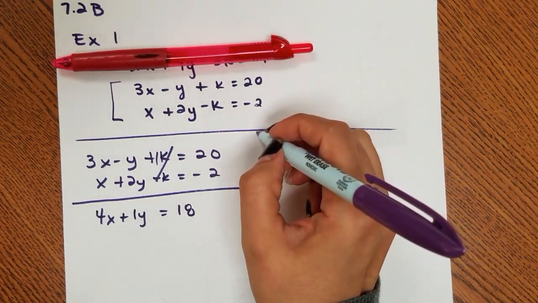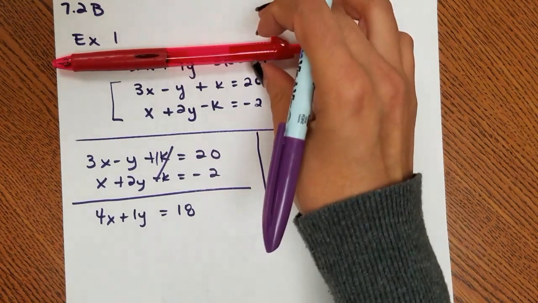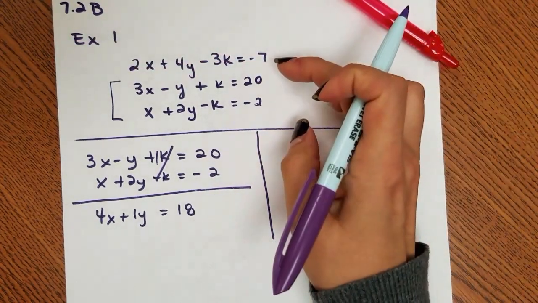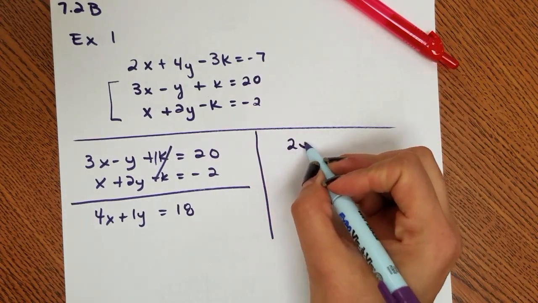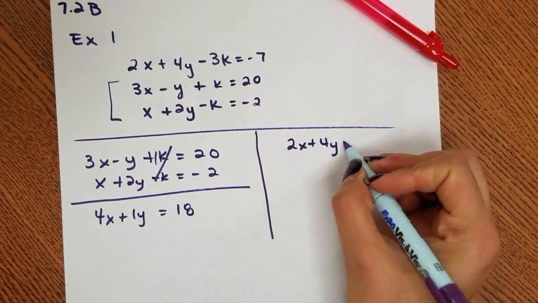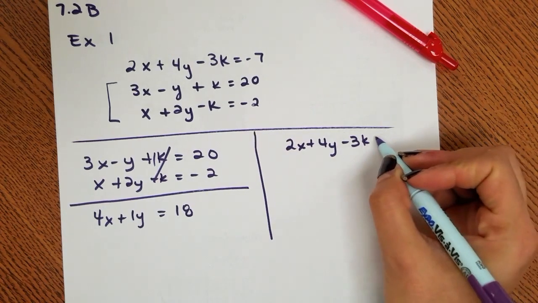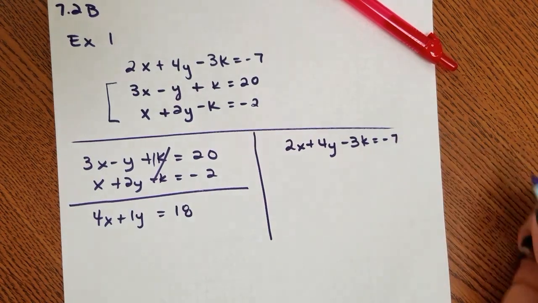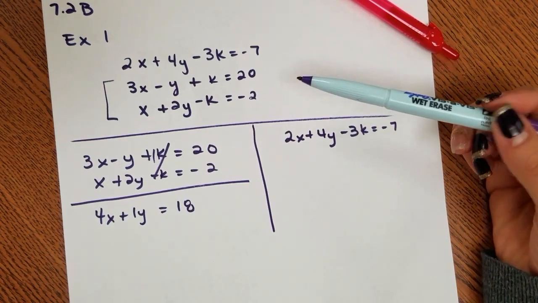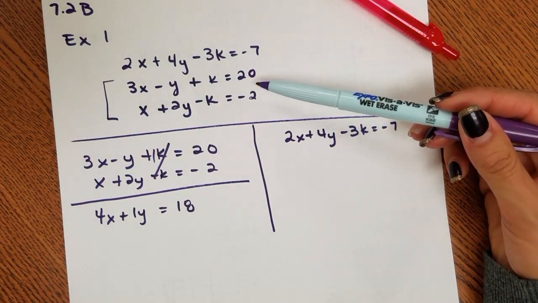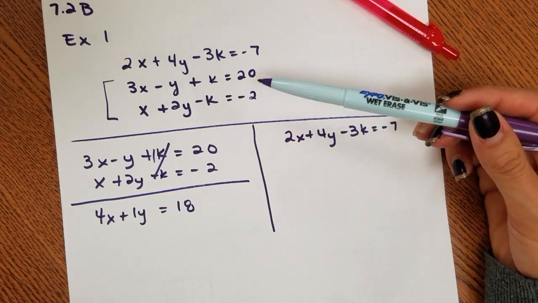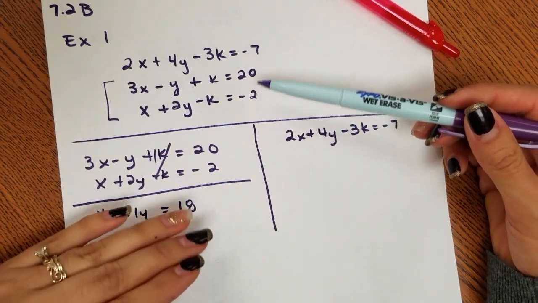So now I'm going to do the same thing again, but now I need to use this first equation over here. So I'm just going to write it down. 2x plus 4y minus 3k is equal to negative 7. Now, it doesn't matter which of these next 2 equations that I use, as long as I use one of them.